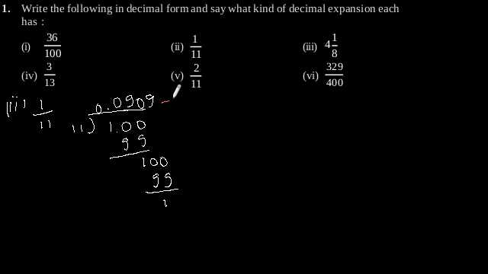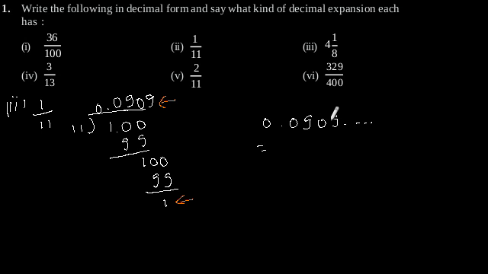So the quotient is 0.0909 and so on, and remainder is 1. So we can say that the decimal expansion of 1 by 11 is 0.0909 and so on.